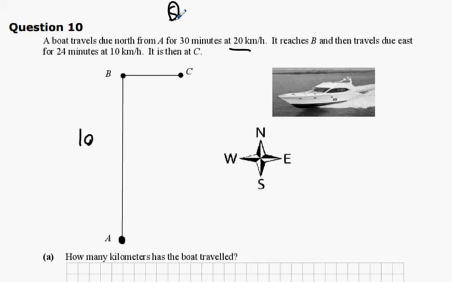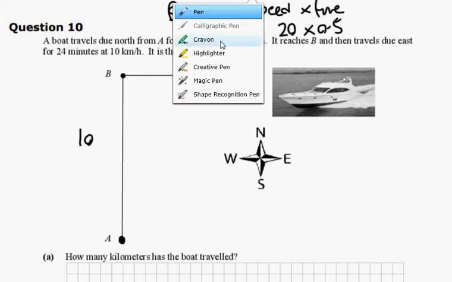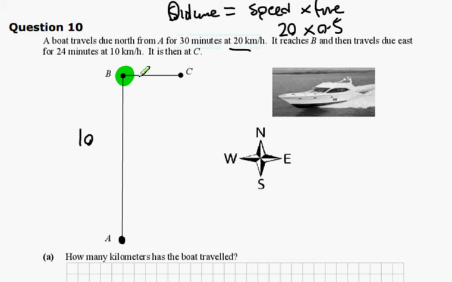That's using distance equals speed multiplied by time, and half an hour would be 0.5 multiplied by 20, which in turn gives us 10. Then, amazingly, we stop at point B because it's such an amazing question. Alright, riveting.